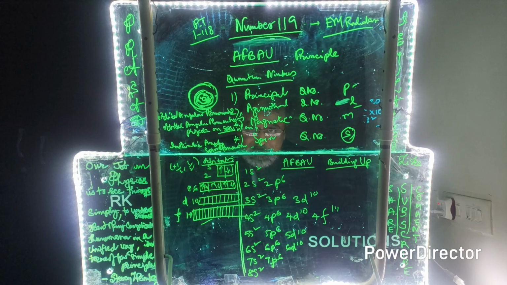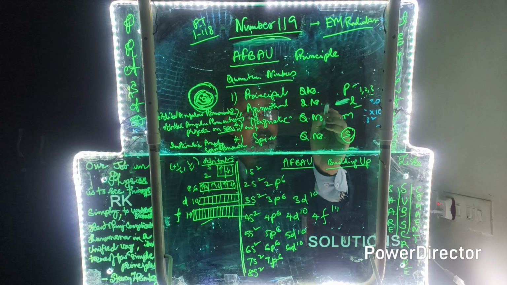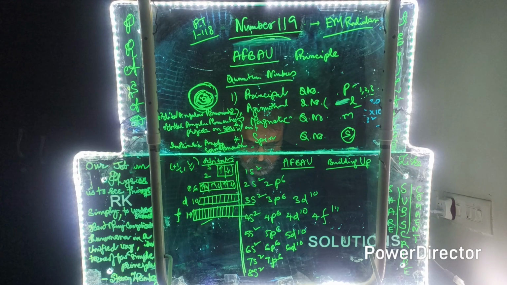energy, the electrons occupy it. Now, by the way, n can have 1, 2, 3, 4 like that. Azimuthal, right?